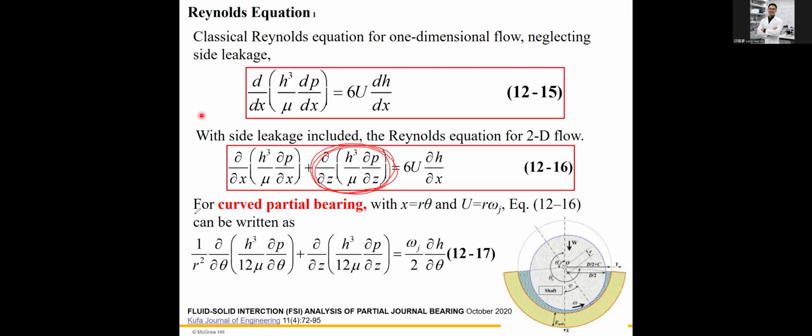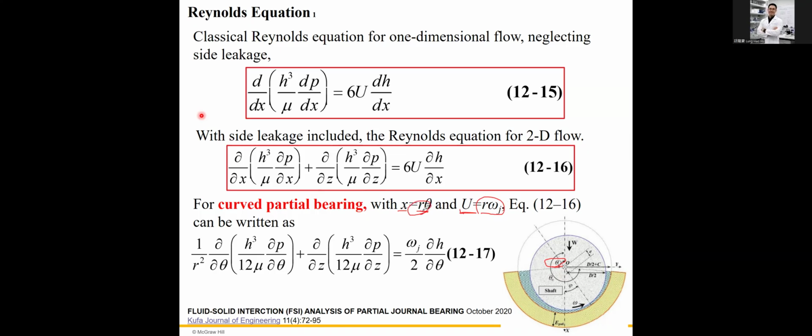And for the partial curved bearing, that means it's not the whole journal bearing, it's just a partial one. We just replace x with r theta here, and the velocity u equals r omega.